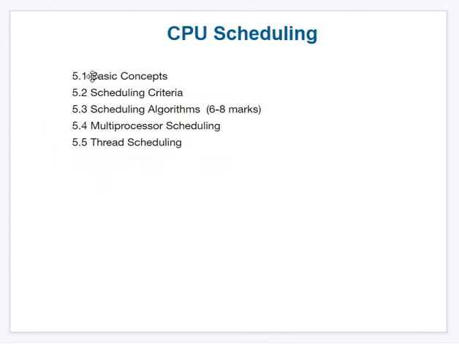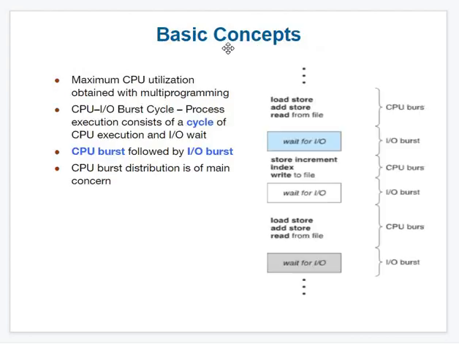Let's start with the first concept, the basic concepts of CPU scheduling, also called process scheduling. First let's see the diagram. Some letters are in bold, something is in blue color, white, and some different color. Now you can see there are some flower brackets which indicate a time duration.